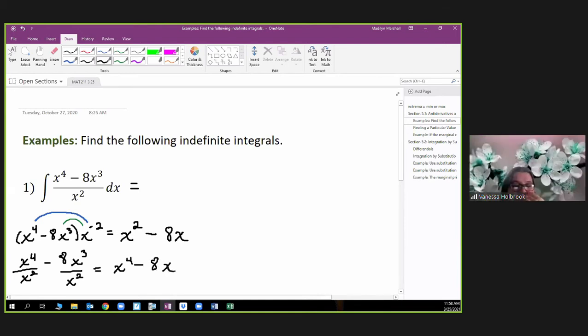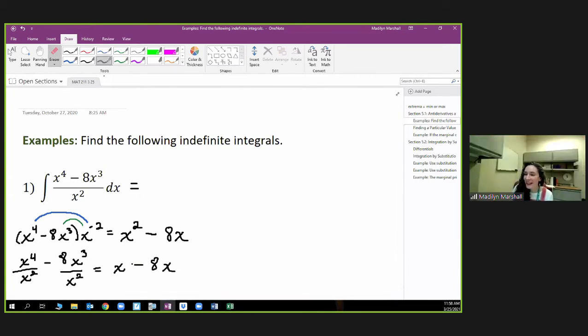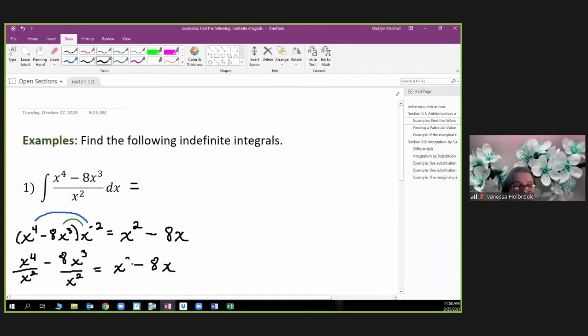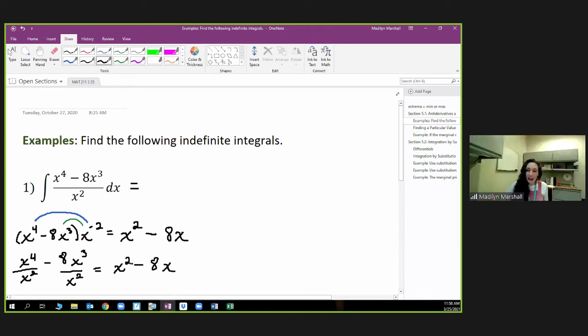I kind of like that one better. Yeah, either way will work. So now our integral is x squared minus 8x dx.